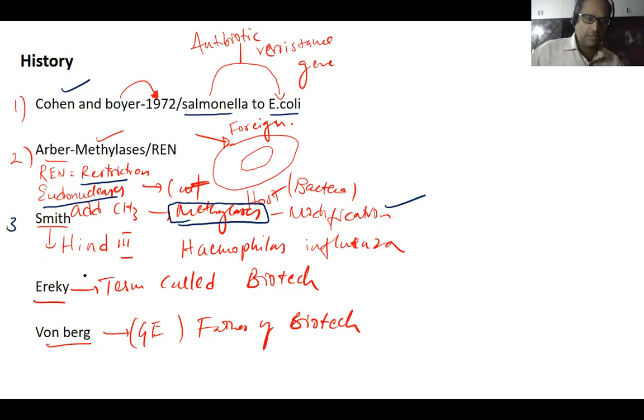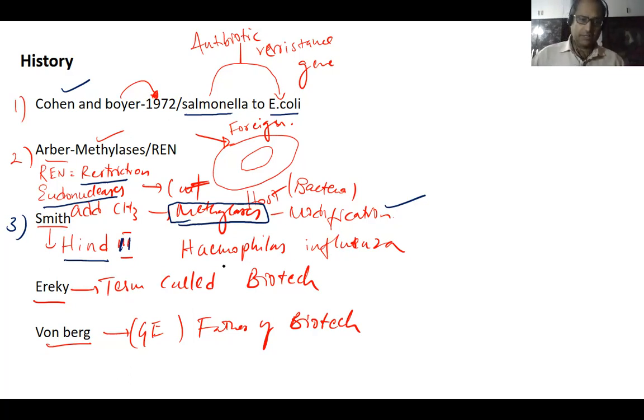The third concept is Smith. Smith took all the observations explained by Arber and then discovered one of the restriction endonucleases, called Hind II. Hind II was introduced by Smith. What does Hind II mean? Haemophilus influenzae type d.